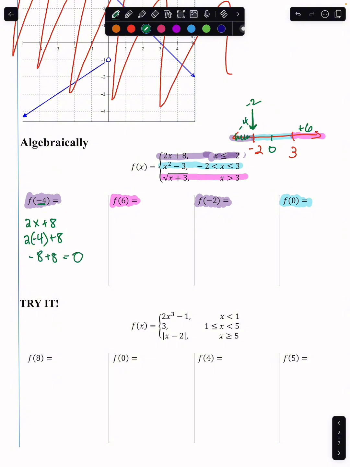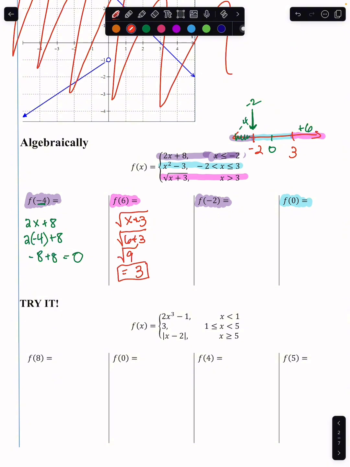See, not too bad. Okay, the next one. Because it was 6, I got to plug it into my pink equation. That's the square root of x plus 3. Well, that's going to be the square root of 6 plus 3, which is equal to the square root of 9. And your answer is going to be +3.